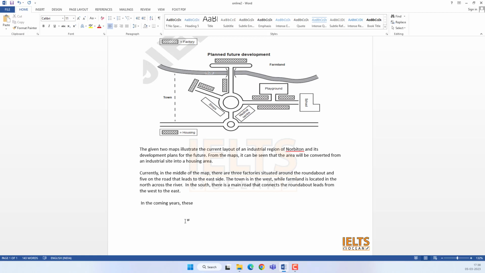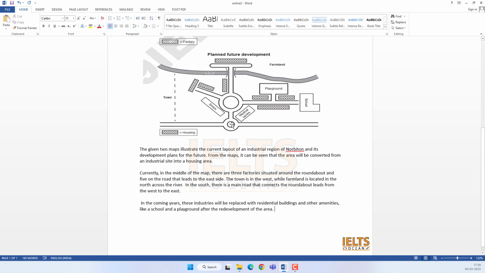These industries will be replaced with residential buildings and other amenities like a school and a playground after the development of the area.